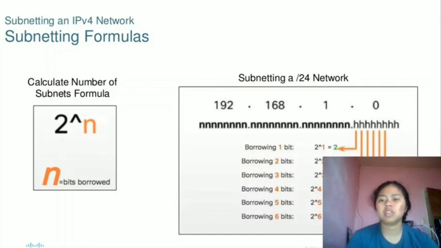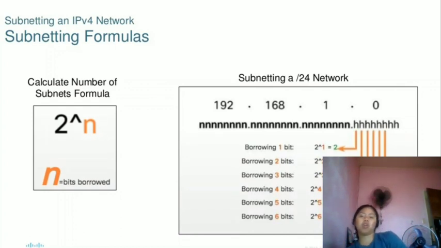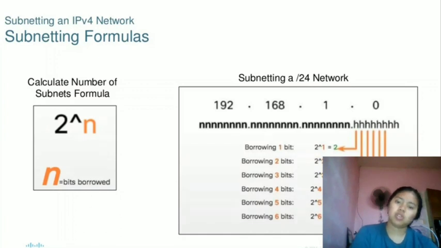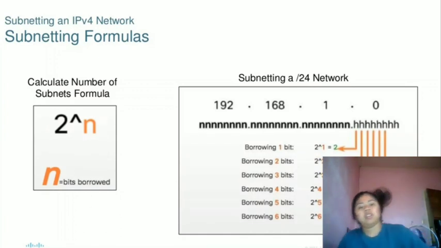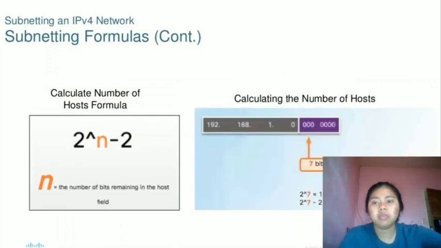Subnetting formulas. Calculate the number of subnets: 2 to the n, where n is the bits borrowed. Subnetting formulas: 2 to the n minus 2, where n is the number of bits remaining in the host field.